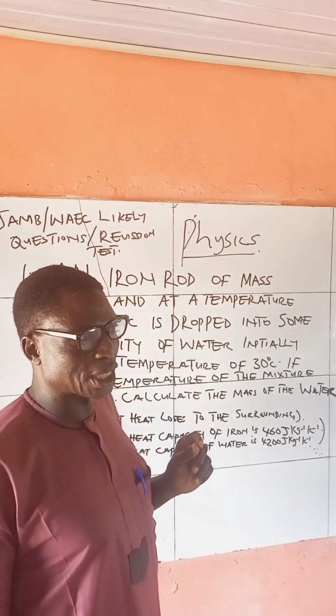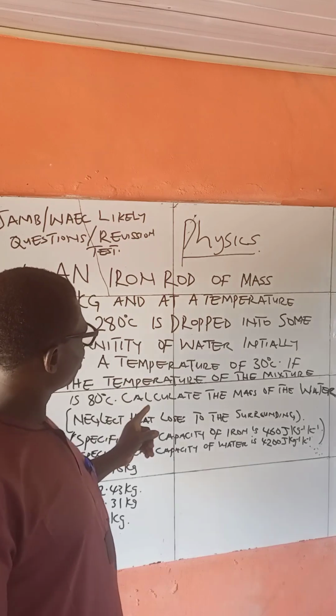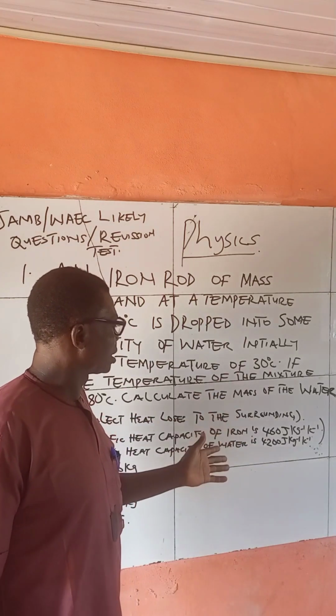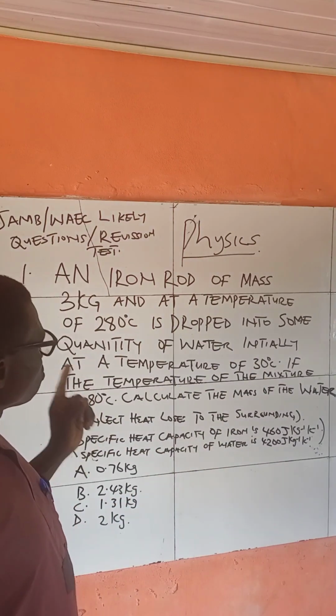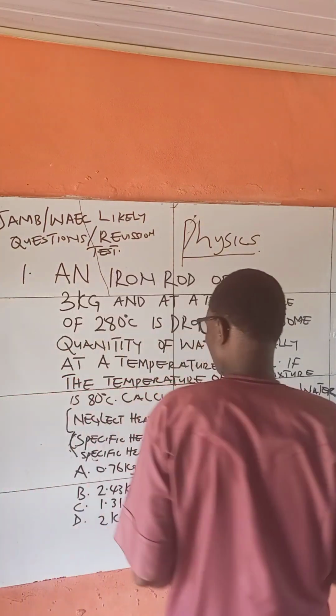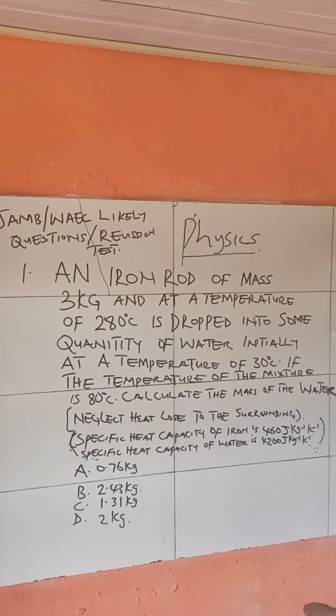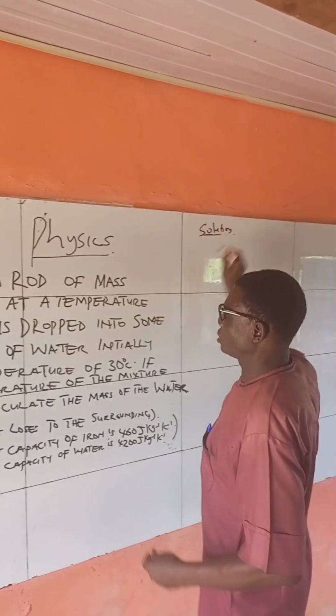That is very important, and it will help us to eliminate some things in the question. Then we are given the specific heat capacity of the iron as well as of water. Let's look at the solution.